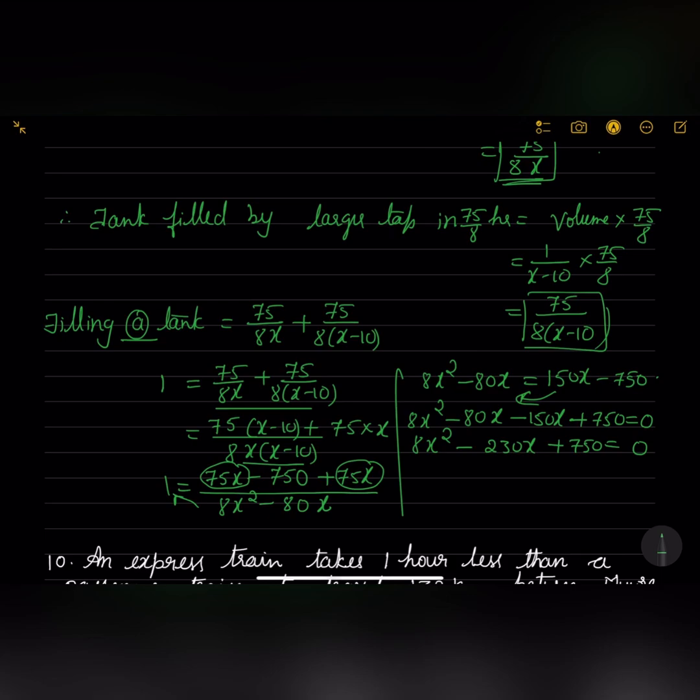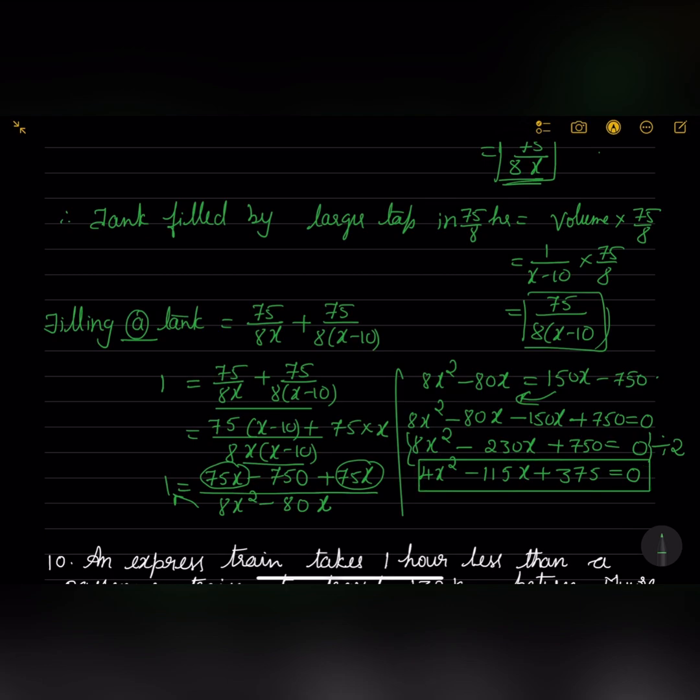And we can do it directly, or we can divide it with 2 so that it can become more simplified. So it will be 4x square minus 115x plus 375 equal to 0. So this is what we have. This is the equation we have.